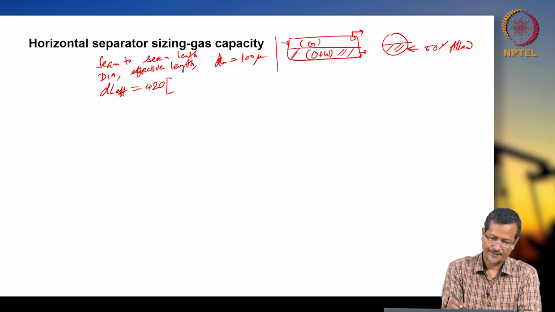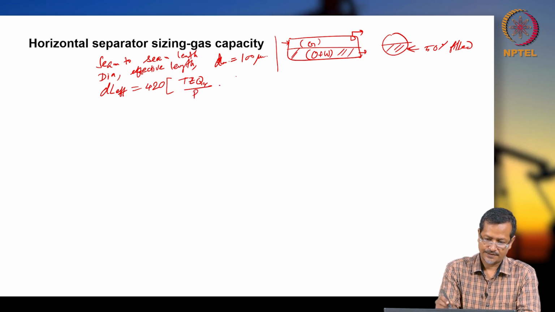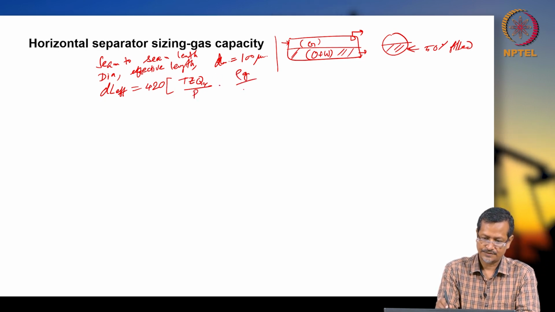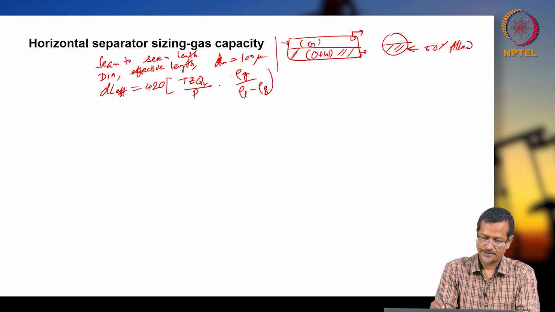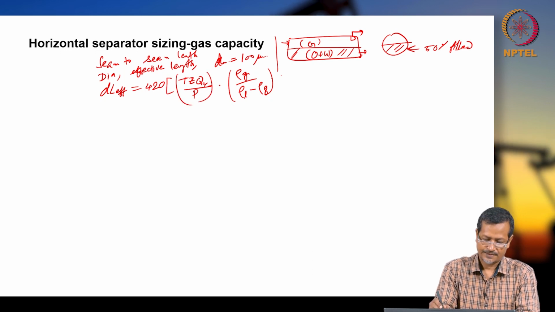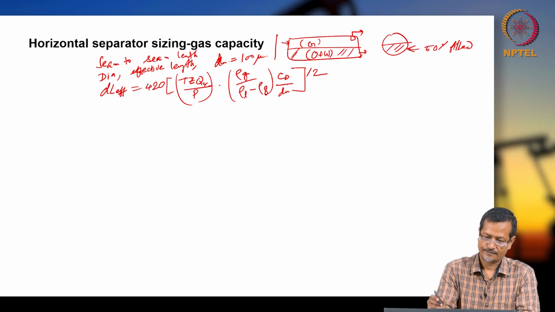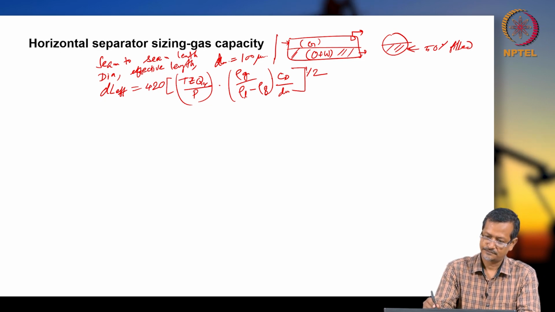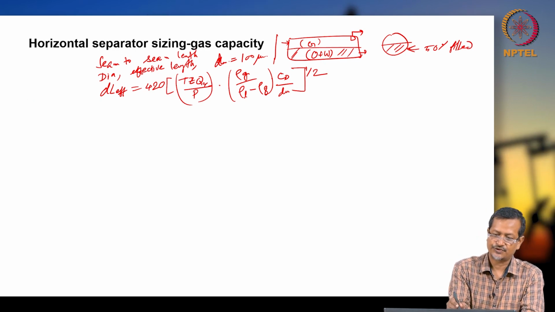T Z Q gas times the square root of P, rho G over rho L minus rho G, times CD over dm. So this will be the standard formula for gas capacity. You should remember this is gas capacity.